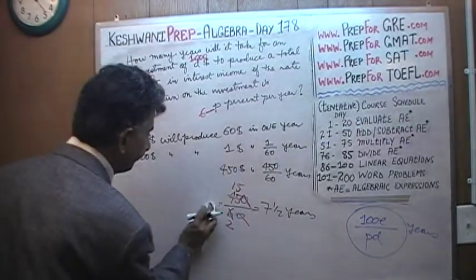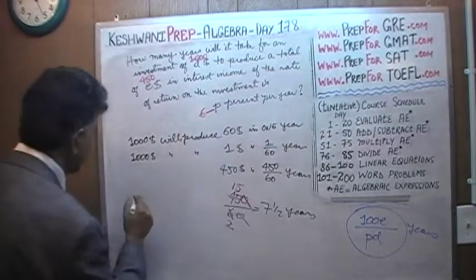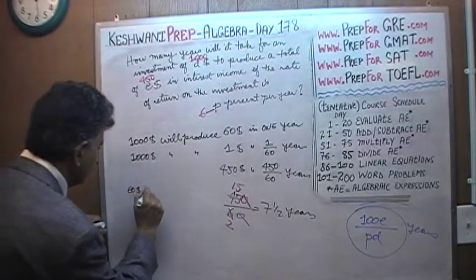Let's find out for sure. We're earning 6%, so $60 in 1 year.